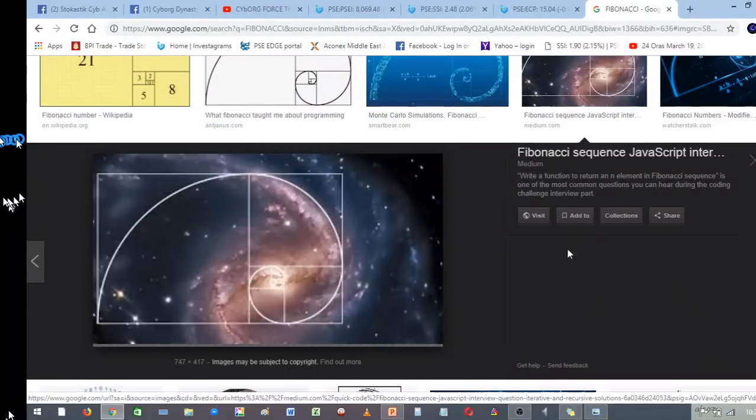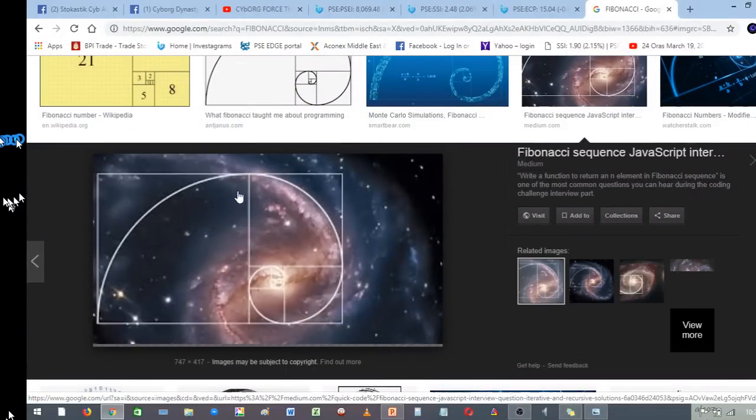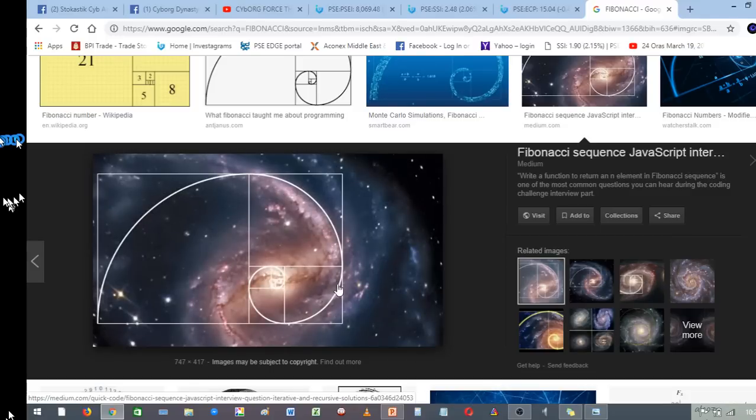Also in the universe, the arms of a galaxy are proportionate to the curve of the Fibonacci. Take a look at this one.